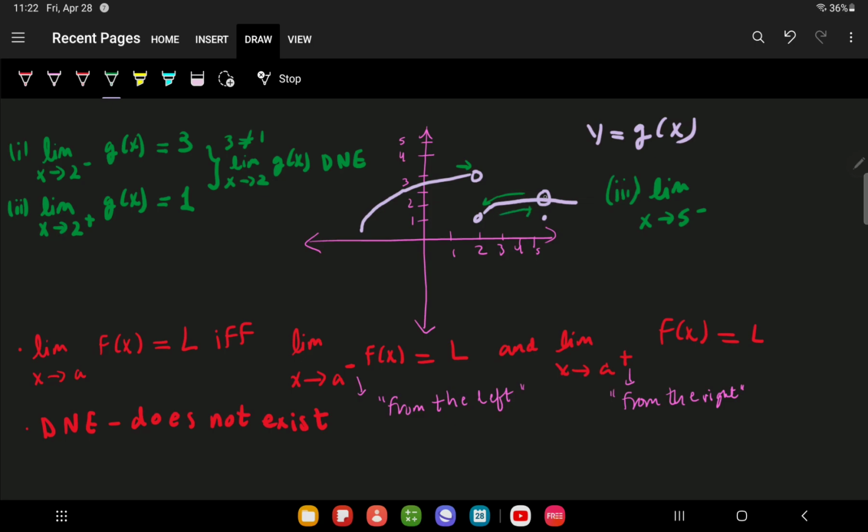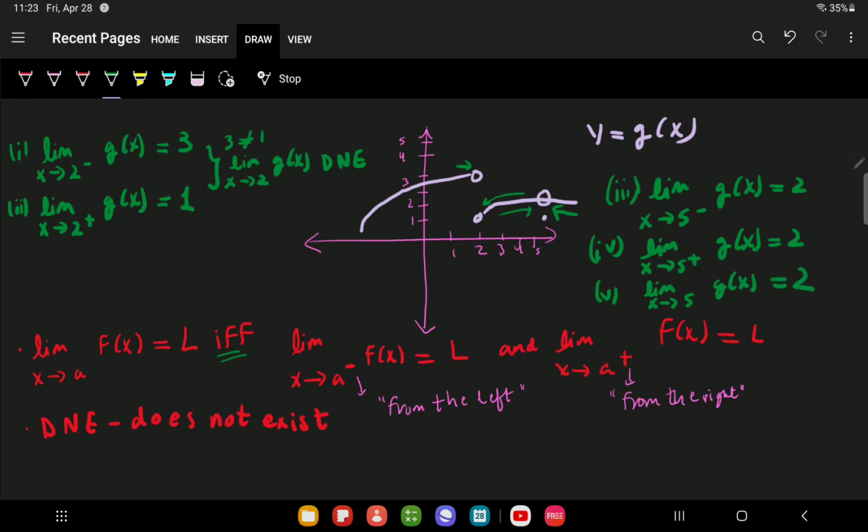We're getting closer and closer to 2. How about the limit as x approaches 5 from the right? Here also we're getting closer and closer to 2. And if the left and the right hand limit are the same, then by this definition, we also have the limit as x approaches 5 of g of x is equal to 2.